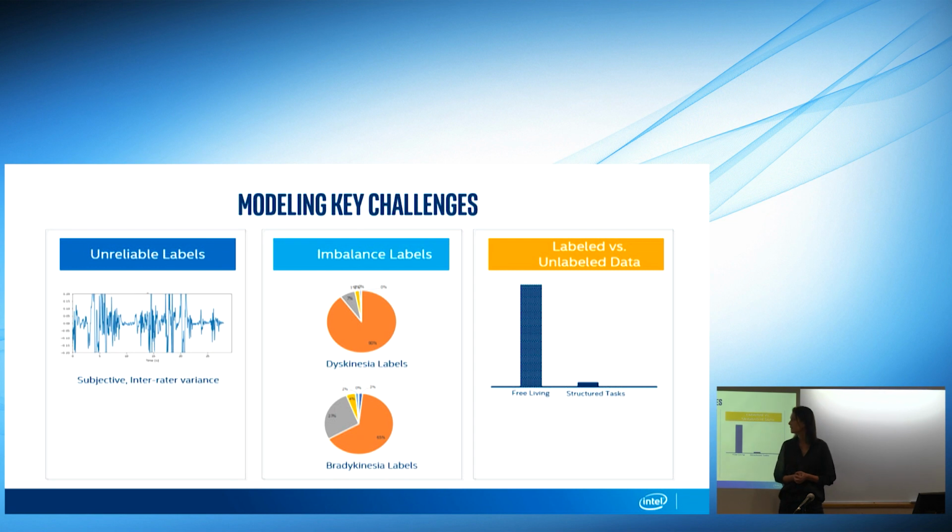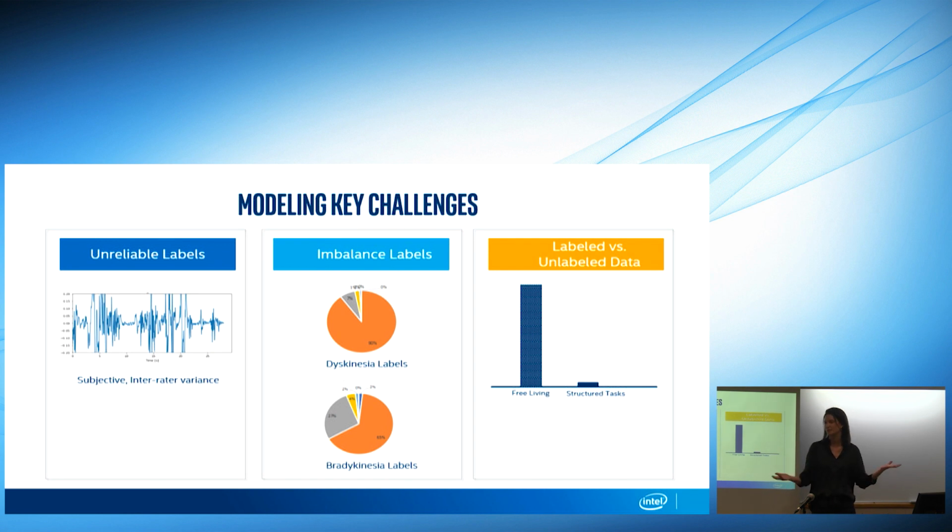The second thing is the imbalanced labels. Obviously, when talking about different symptoms, it's hard to recruit people that are suffering, that are in advanced stages of the disease, and therefore we see an imbalance of our labels. You can see how much in some of the cases. So being able to address that was the second challenge.